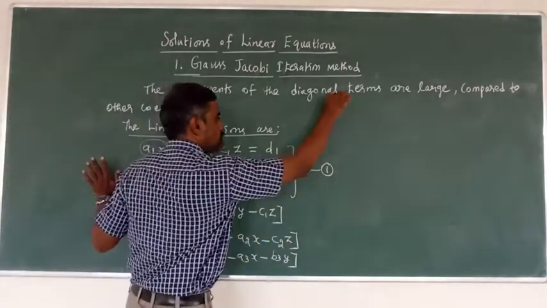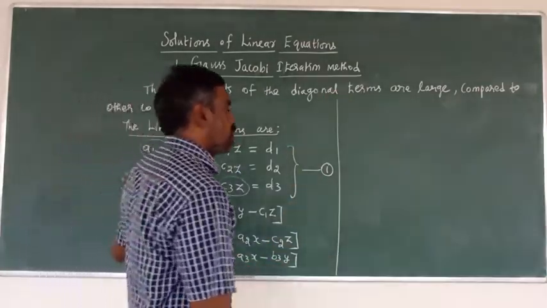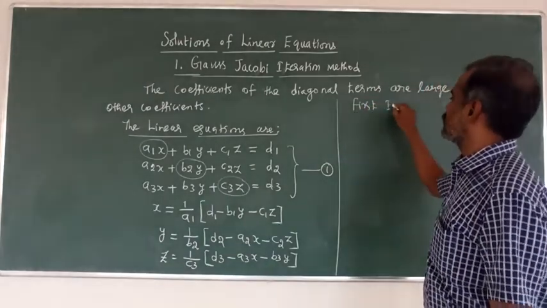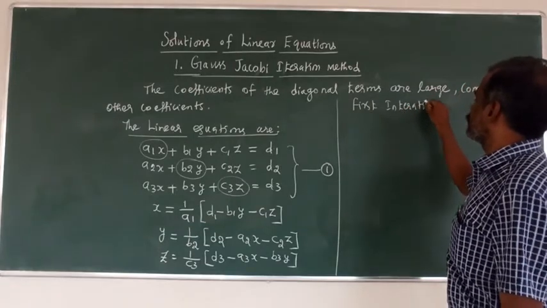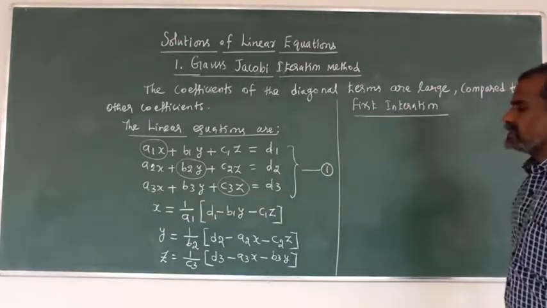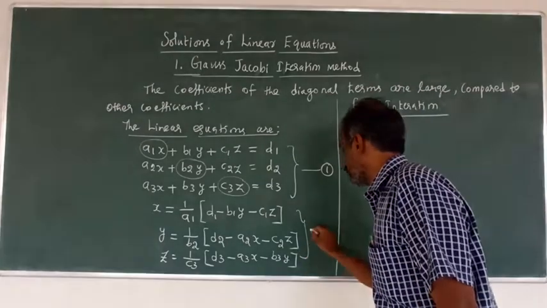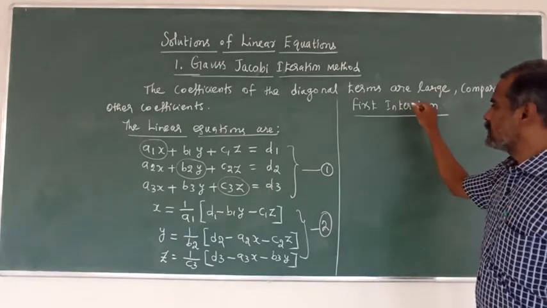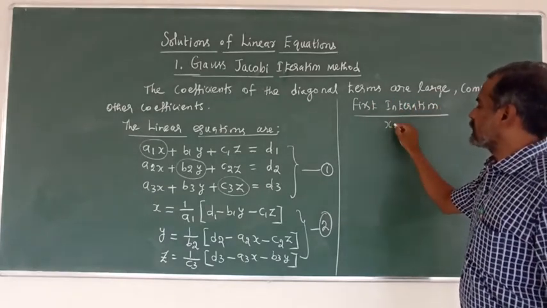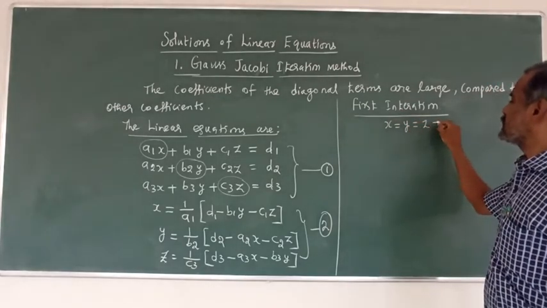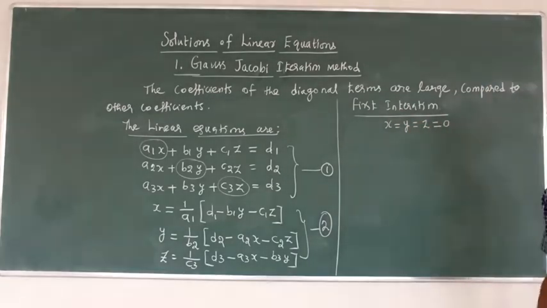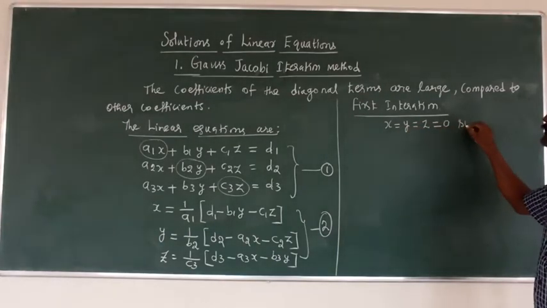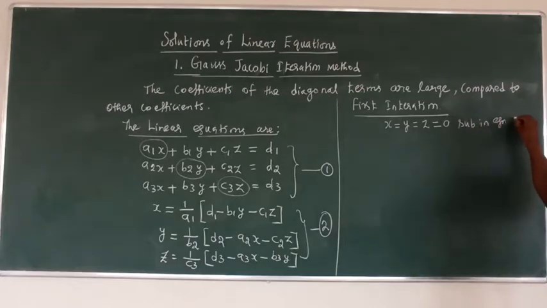Next, to find out the first iteration, for that we use this format, equation number 2. We have to take the initial x, y and z values as 0. Okay, x, y, z equal to 0. Substitute in equation 2.